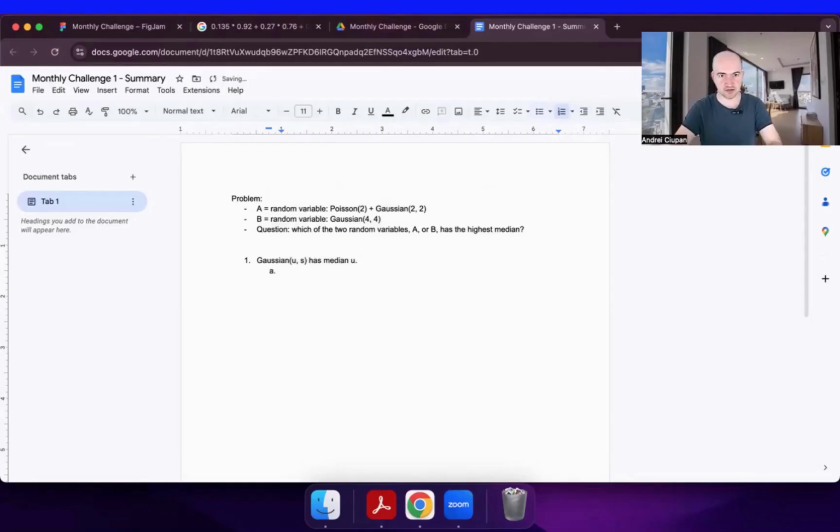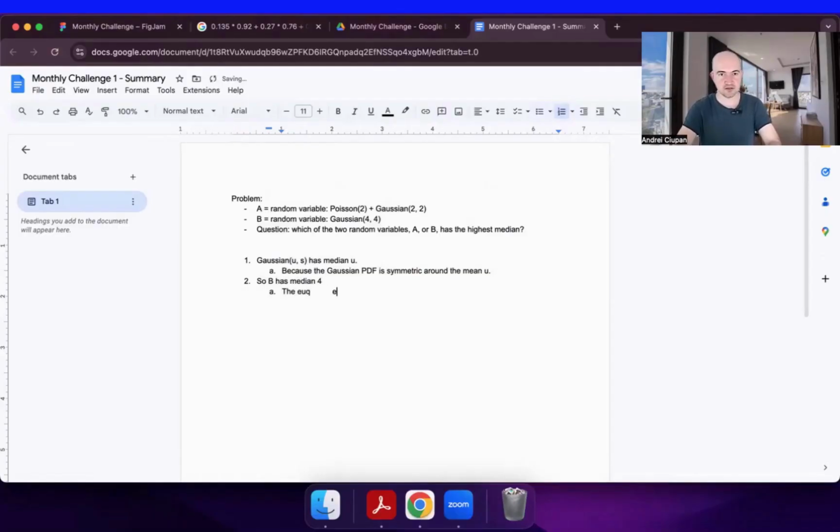This is because the Gaussian PDF is symmetric around the mean mu. So in particular, the Gaussian 4, 4, so B, has median 4.